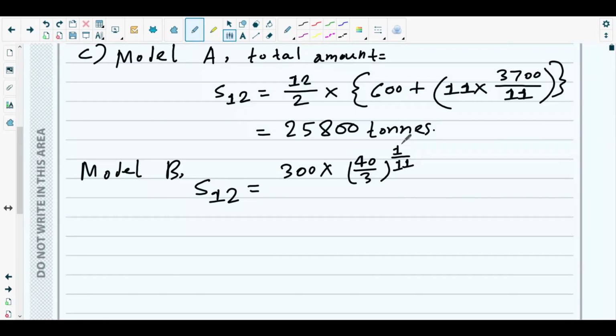A times r to the power n minus 1. This is not in the power. R to the power n. Okay. So here, I will write it in the power. So a times r to the power n. n is 12. So it will be 12 over 11.